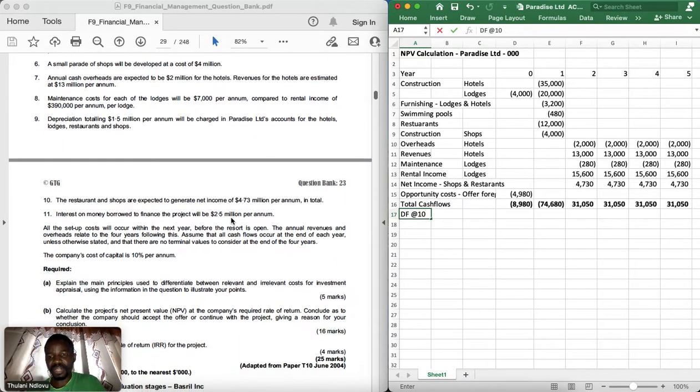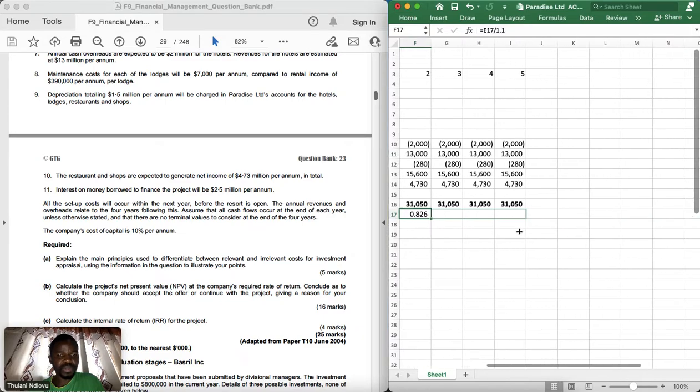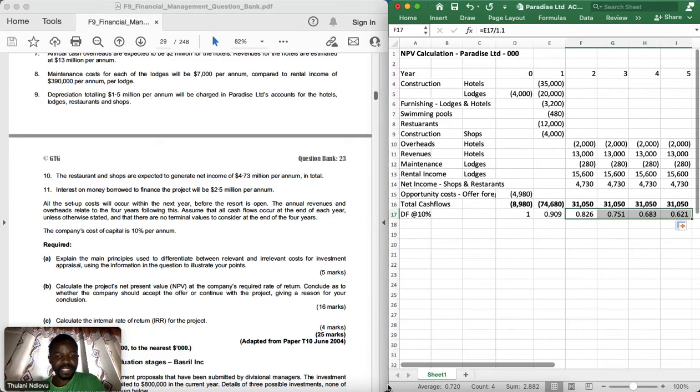We are given the discount rate here. The company's cost of capital is 10%, so we discount at 10%. In year 0, the discount rate is 1. In year 1, the discount rate is 1 divided by 1.1. In year 2, it's year 1 divided by 1.1. Then we can copy the formula up to year 5.